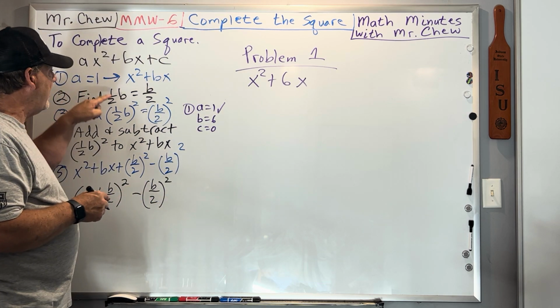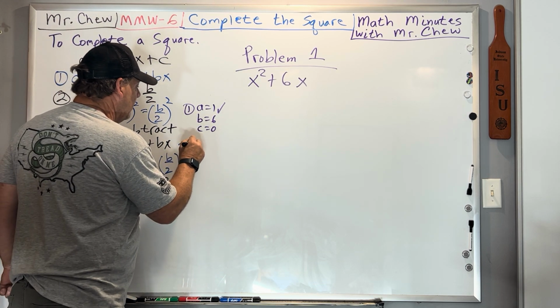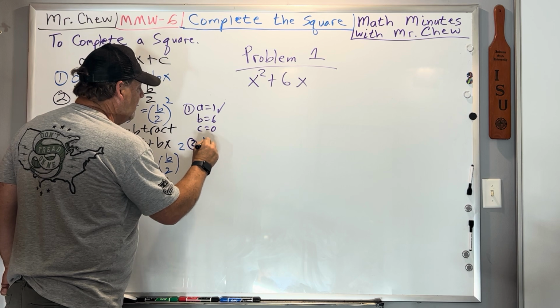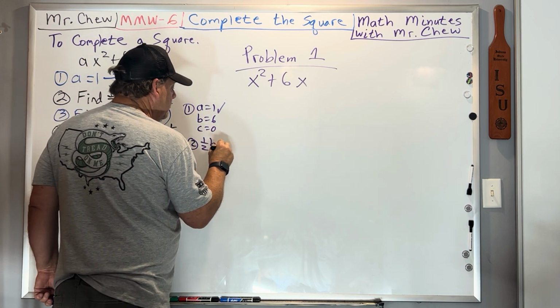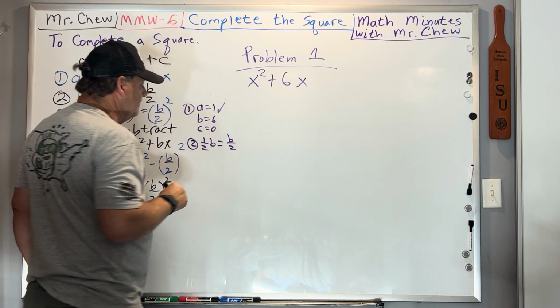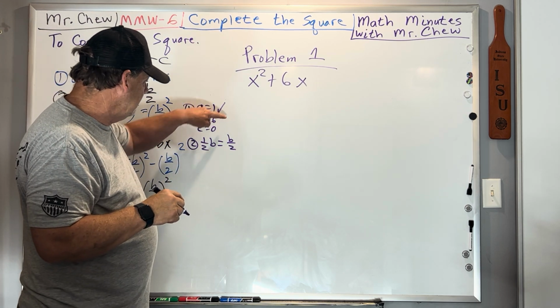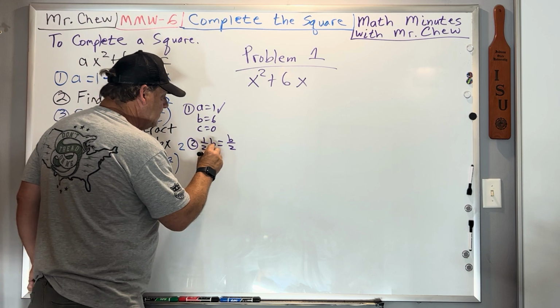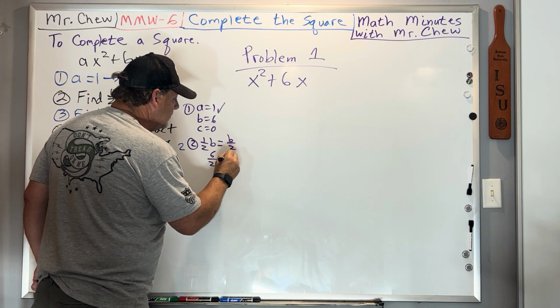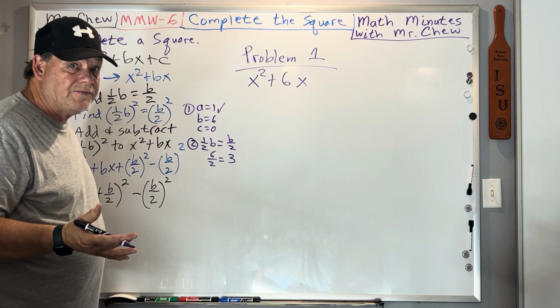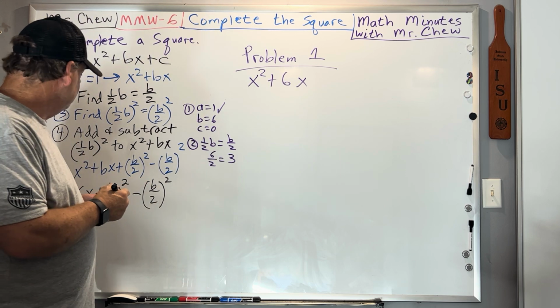Step 2 said find 1/2 of b, which equals b over 2. So my b is 6. So 6 over 2 equals 3. I just found that. Nothing hard yet.